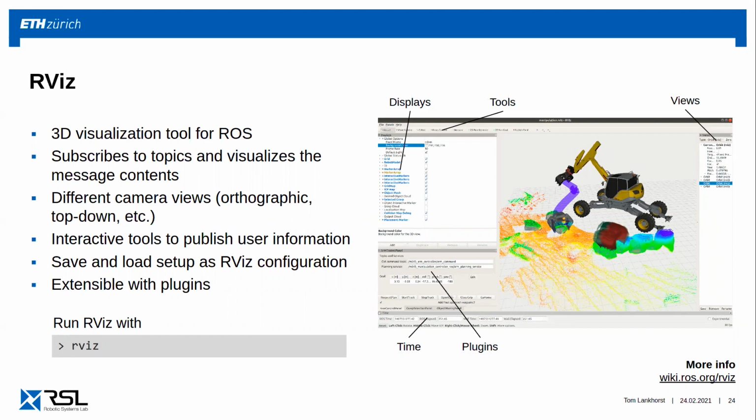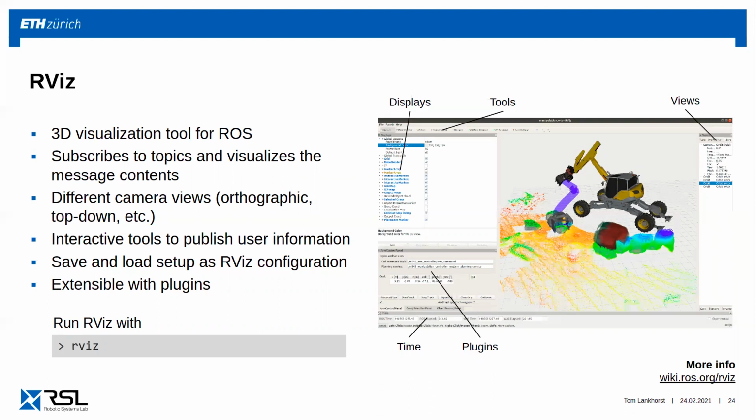Another nice tool used with ROS is the RViz visualization tool. RViz is a graphical tool that allows you to show what is going on in your ROS network in a visual way. It's a 3D visualization tool specifically for ROS.